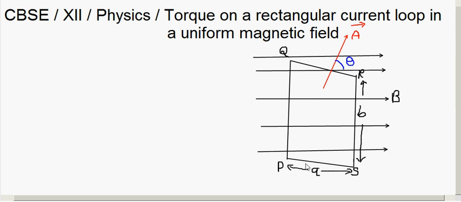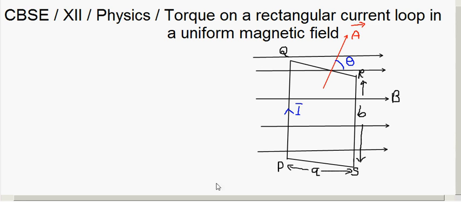And let the loop carry current I. We can assume any direction, so I'll assume this direction for I. We have a rectangular loop carrying current I in the clockwise direction, placed in a magnetic field.